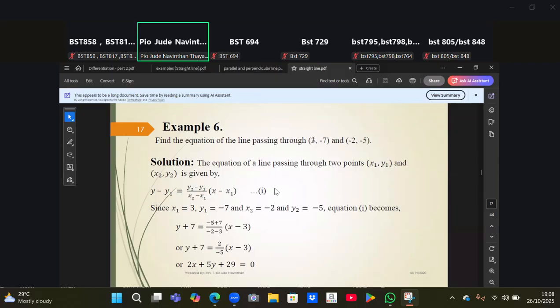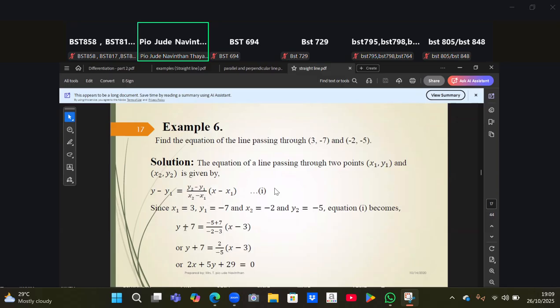Don't just write x1, x2, y1, y2. Write x1 comma y1, x2 comma y2. So we mention all the values. That is easy. Without this line, you can write. But here I try to reduce your chances to make any errors, any mistakes, right? So we write all the things.